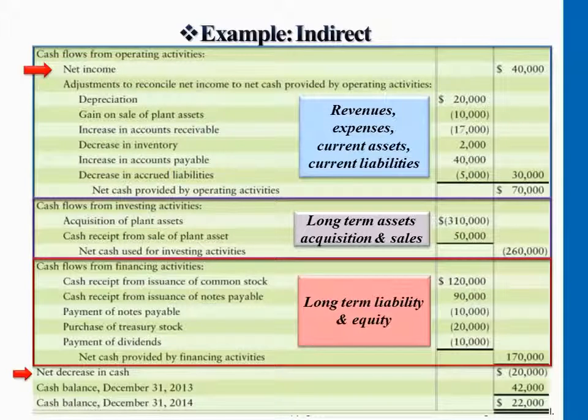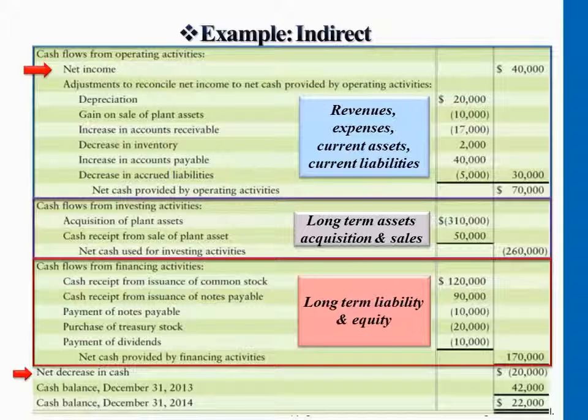$170,000 in financing activities. If we add those three numbers up, 70,000 plus 170,000 minus 260,000, overall the cash effect is minus $20,000. Meaning that if we compare last year's cash balance with this year's balance sheet, you'll figure out this year's balance sheet cash balance reduced $20,000 compared to last year's.